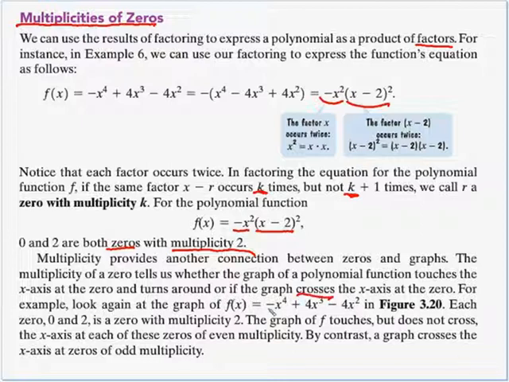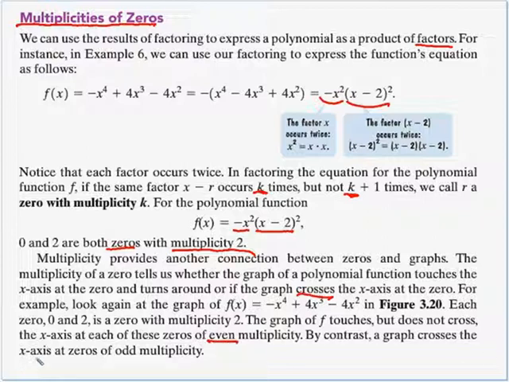For each example, look again back to the graph of figure 320, which we looked at in an earlier example, the last one we did. Each 0, 0 and 2, has a multiplicity of 2. The graph of f touches but does not cross the x-axis at each of those zeros of even multiplicity.